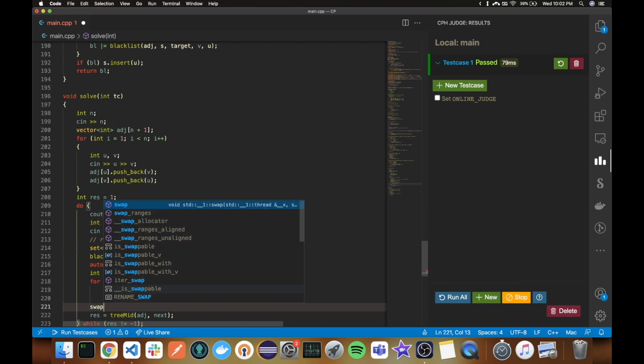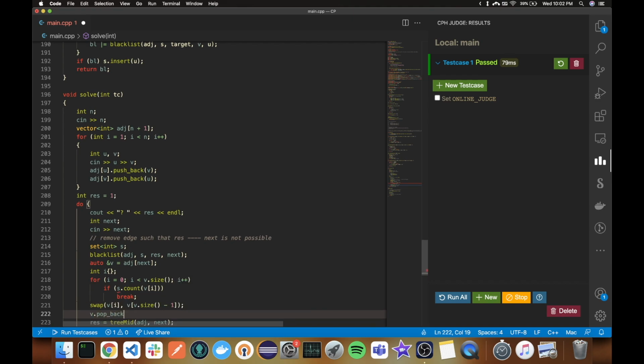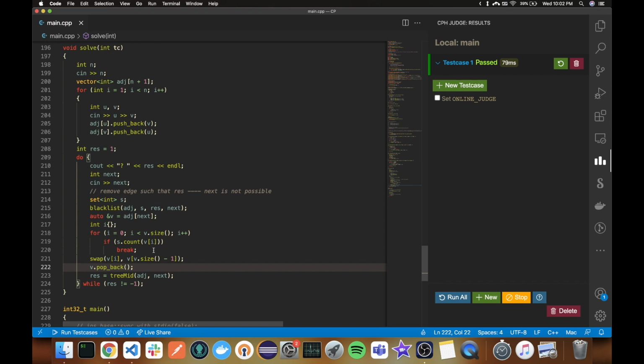I'm just gonna swap this with size minus 1 and then just remove it. All right, so remove an edge and then do this, and now I have result.